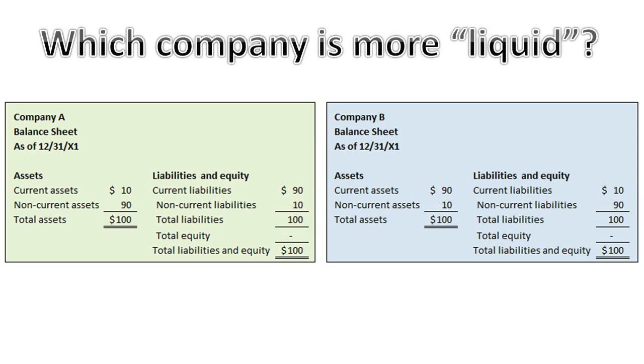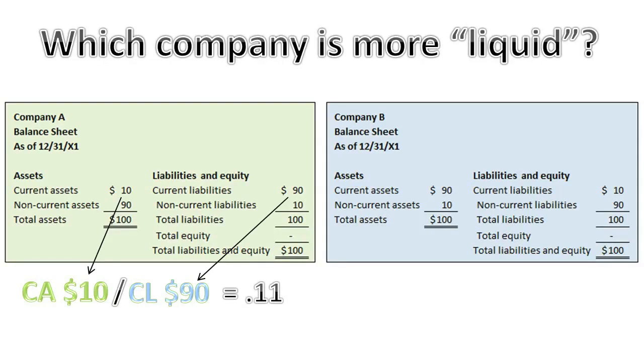Because a company's current assets are used to pay off its current liabilities, a liquid company should have more current assets than current liabilities. Using this measure of liquidity, how liquid is Company A? Company A only has $10 of current assets, but it has $90 of current liabilities. This is not a good situation because if you compute its ratio of current assets of $10 to its current liabilities of $90, 10 divided by 90, you get 0.11.